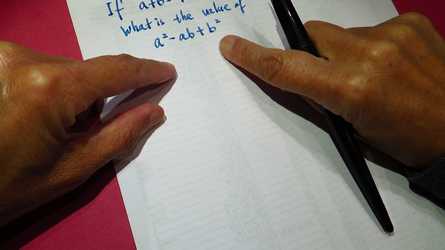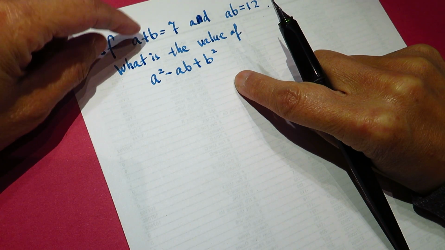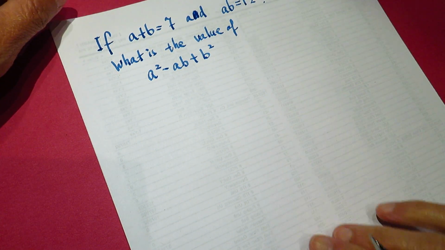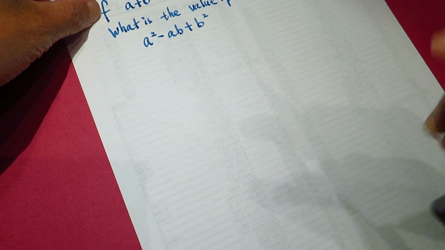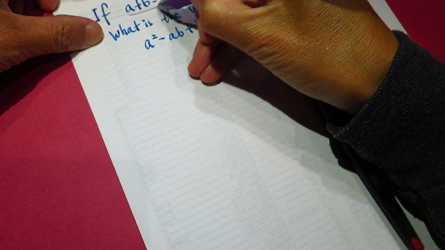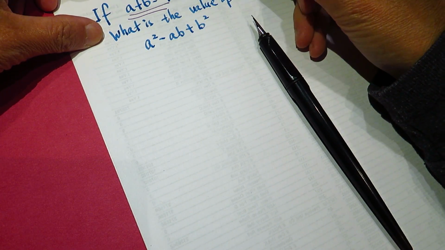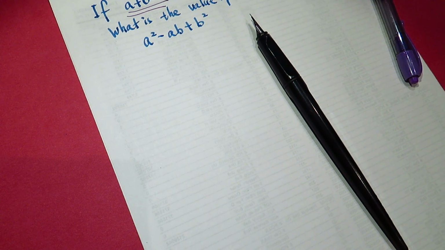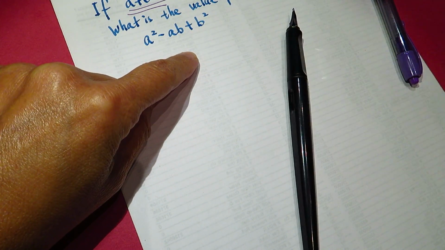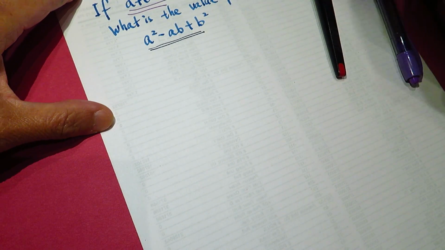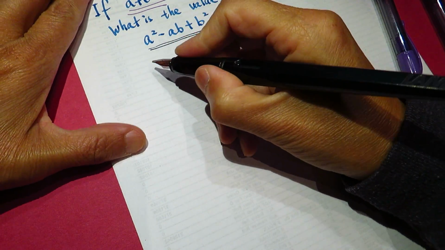So when I see this, I see a and b and ab. So this is given, and the unknown is here. What we are going to figure out is this, right?